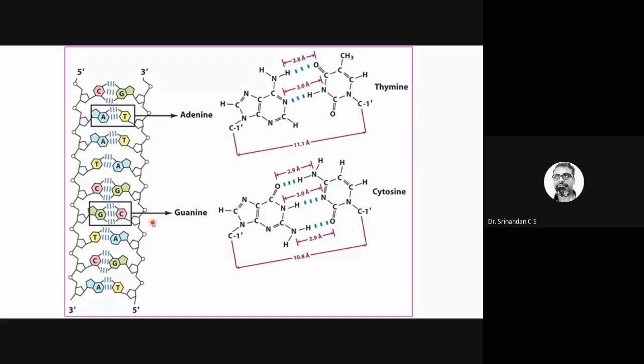One is called A, one is called B. In test tube A I'll put some DNA, in test tube B also I'll put some DNA. So two test tubes, A and B, each with some DNA. And now I'll heat both the test tubes.